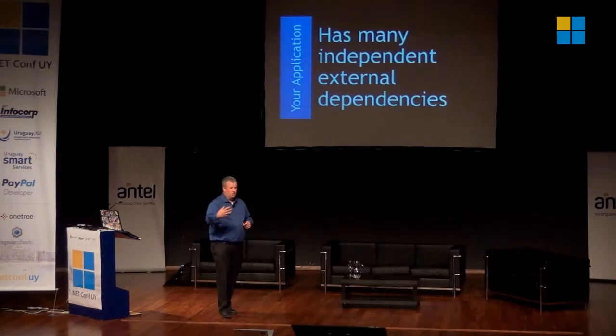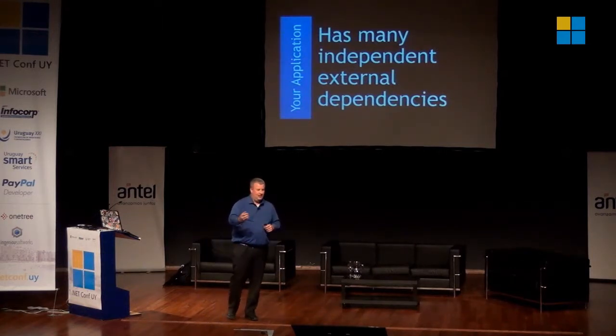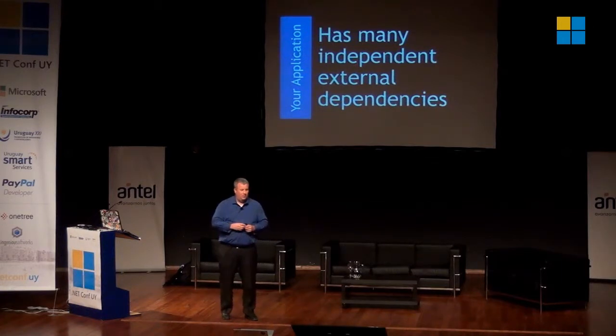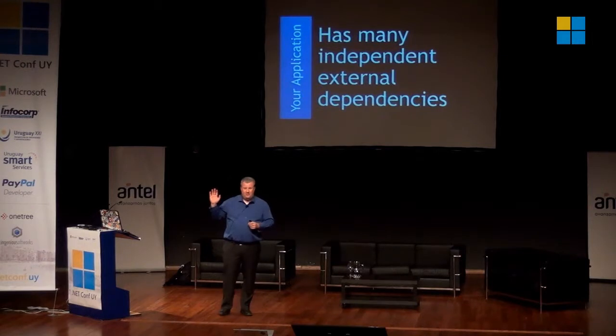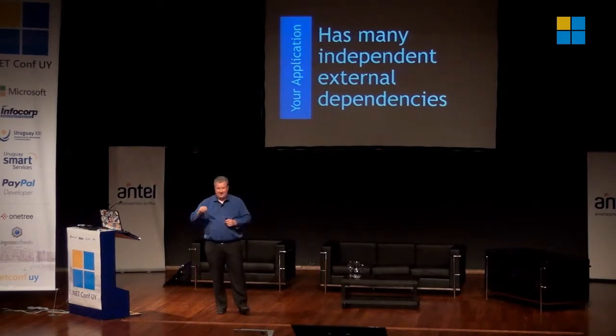And external dependencies include a lot of different things. So I've used the example of web API and web services because it's a really common one. But what about a database? It's running out of process to your application. It's an external dependency. What about the file system? If you're saving files that people upload. How many people have had an application go down because it's run out of hard drive space? Wow. All right.